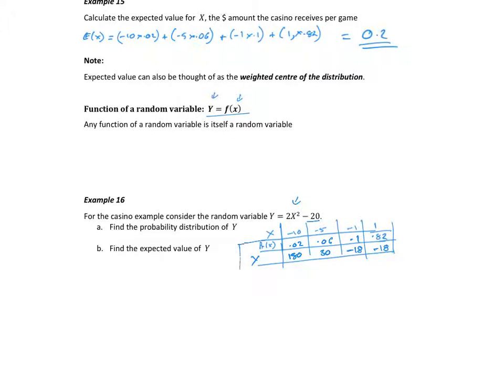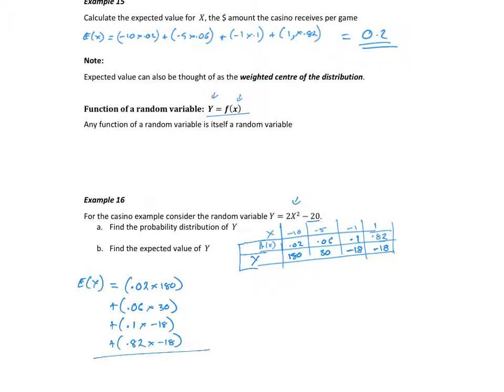Yeah, so that's my y distribution. So now if I work out the expected value of y, it is the probability of y, 0.02 times the value, which is 180, plus 0.06 times 30, plus 0.1 times negative 18, plus 0.82 times negative 18.